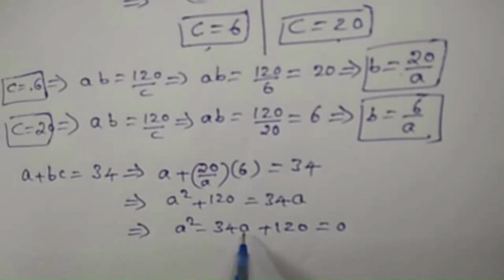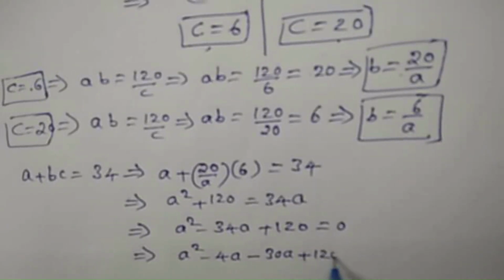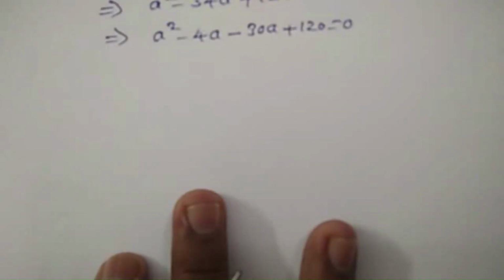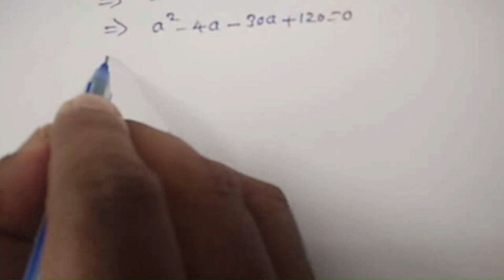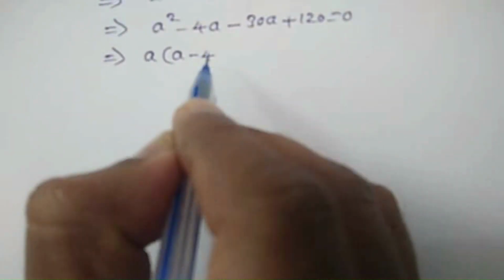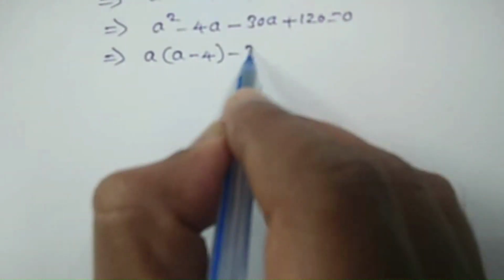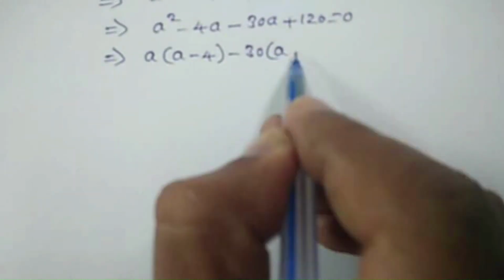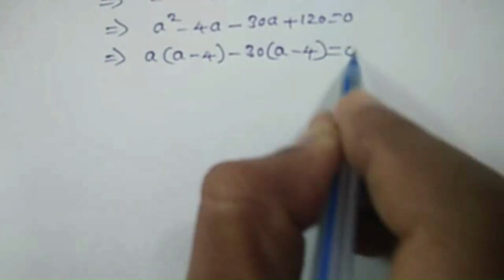Write this 34a as sum of 4a and 30a. That implies a square minus 4a minus 30a plus 120 is equal to 0. That implies take a as common, a minus 4, minus 30 as common, a minus 4 equal to 0.